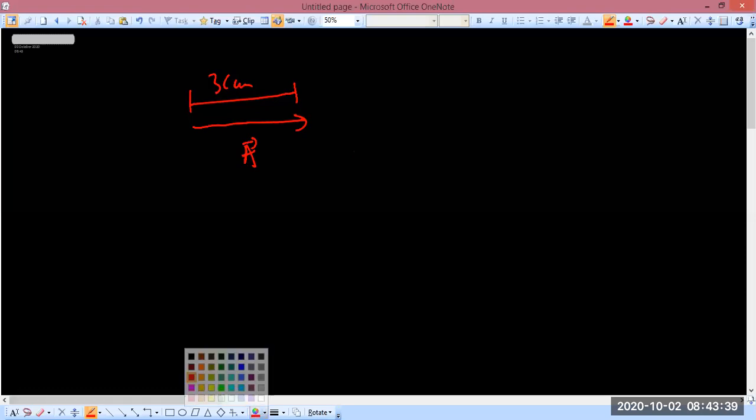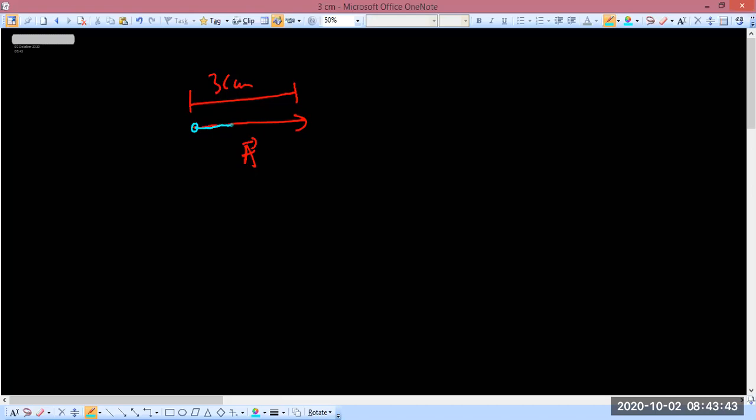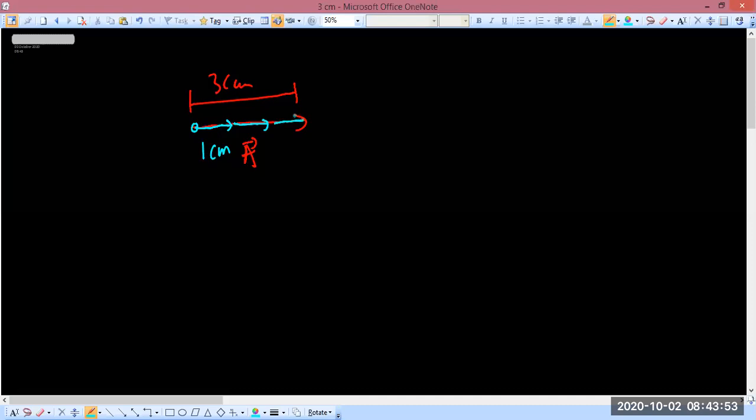So suppose I'll take one unit vector, then its length will be 1 unit, that is 1 centimeter. I hope you understood that, right? Then I'll have to draw 3 such unit vectors. Agreed? Do you understand what I'm saying?